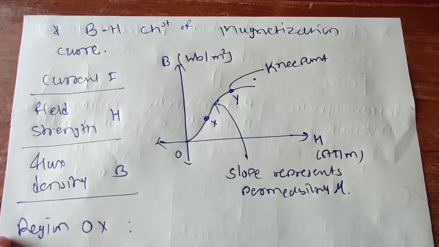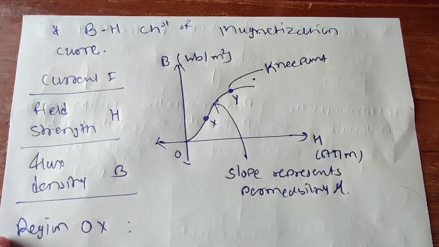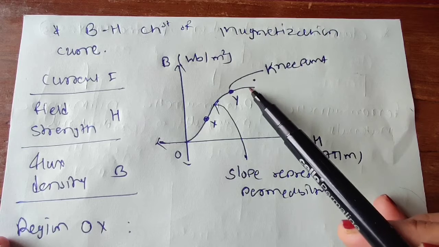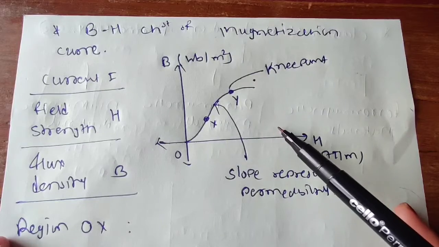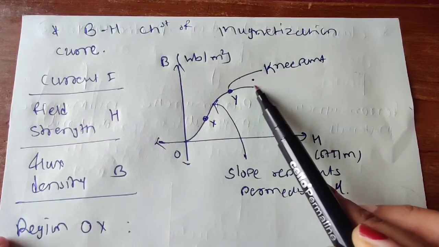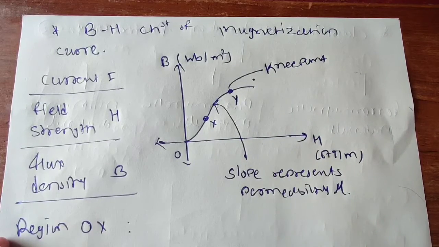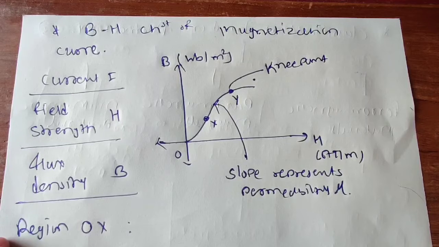After point Y, the change in B is small even for a large change in H. So the BH curve ends up parallel to the x-axis, and this region is called the saturation region, which indicates the magnetic flux saturation in the core.